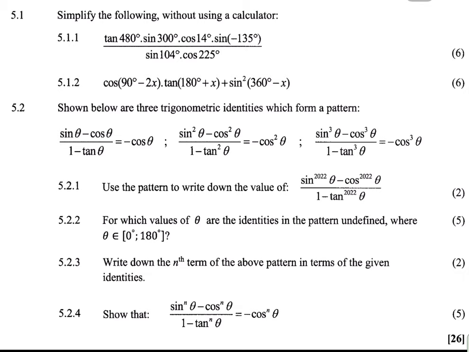And then the second one is that you have sine squared of theta minus cos squared of theta over 1 minus the tangent squared of theta is equal to minus cos squared of theta. The third one is that you have sine cubed of theta minus cos cubed of theta over 1 minus tangent cubed of theta is equal to minus cos cubed of theta.